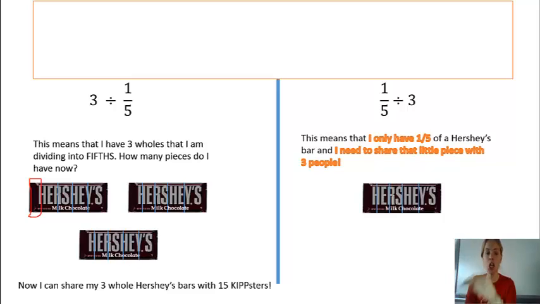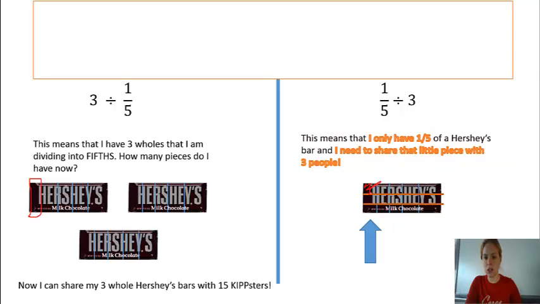Here's your 1 Hershey bar, divided into 5 slices, and I only get 1 out of those 5 slices. But before I eat it, I need to cut it again so that I can share with not just me, but 2 other people.